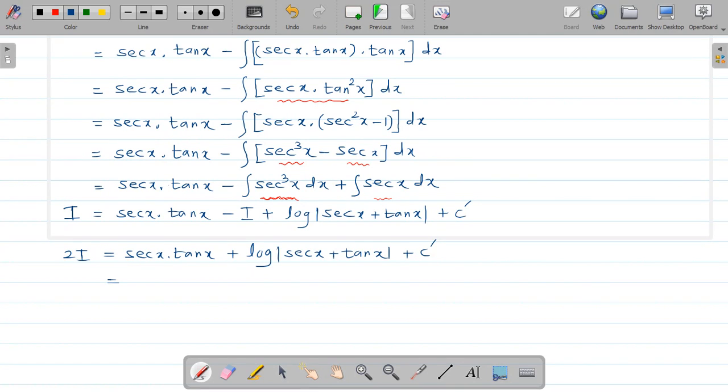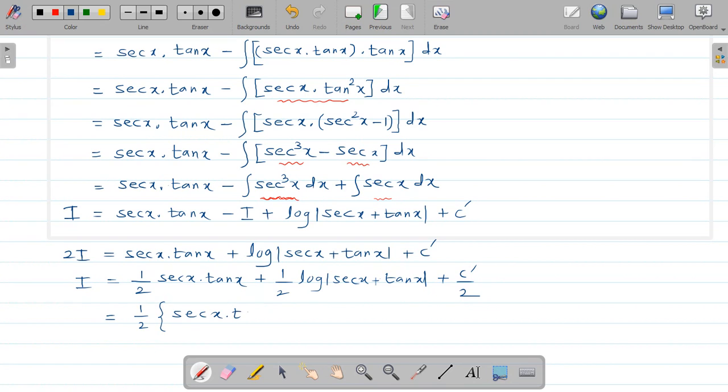Now further, if you divide both sides by 2, then here you will get I is equal to 1 by 2 sec x into tan x plus 1 by 2 into log of sec x plus tan x plus c dash upon 2, and hence you can rewrite this as 1 by 2 into curly bracket sec x into tan x plus log of modulus of sec x plus tan x, plus c dash upon 2 can be written as c.